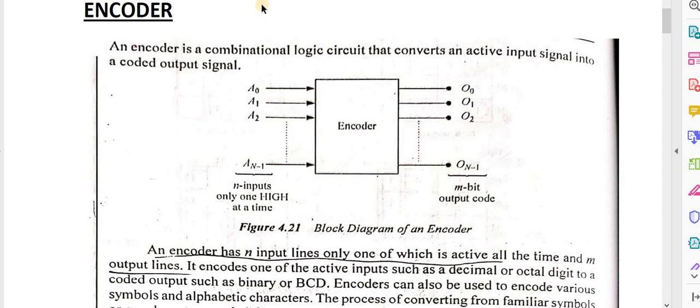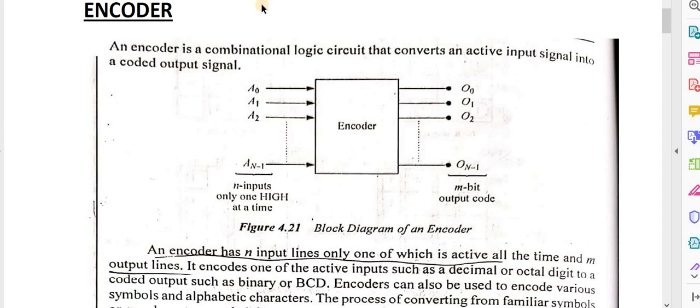Multiplexer and demultiplexer are two important combinational circuits, and today we will discuss another very important combinational circuit, that is the encoder, and after that we will learn the decoder.